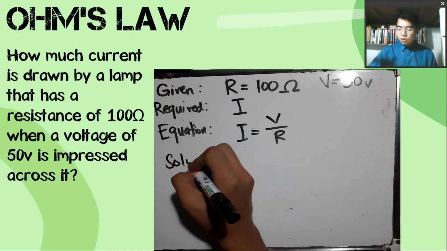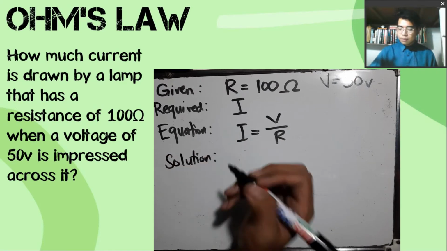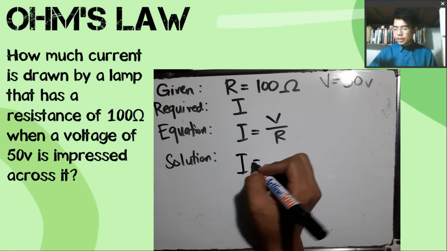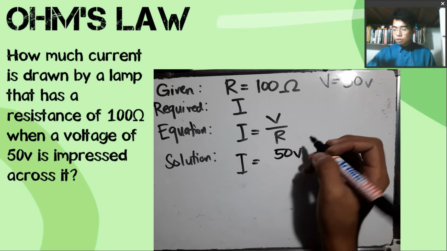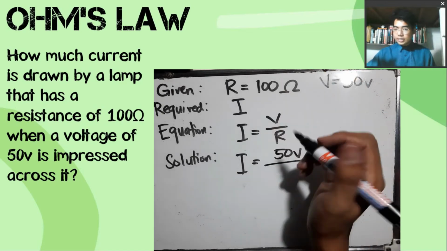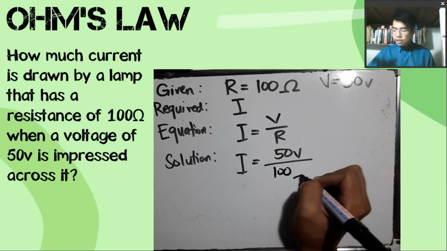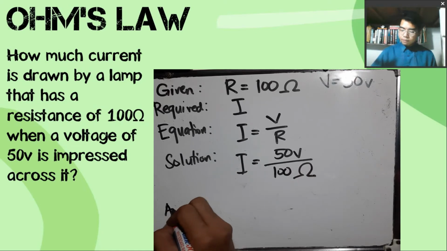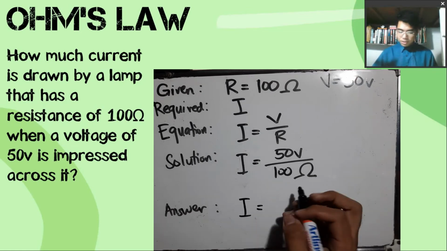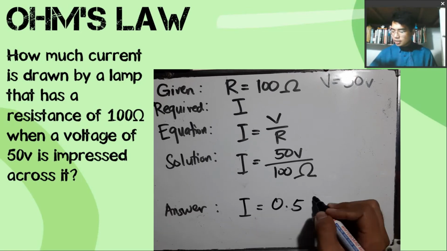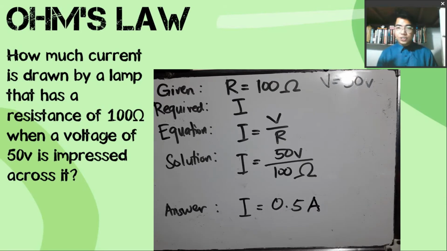Then solve this problem. We have current is equivalent to the value of voltage, 50 volts, over resistance, which is 100 ohms. Then for our answer, we have the value which is equivalent to 0.5 amperes.